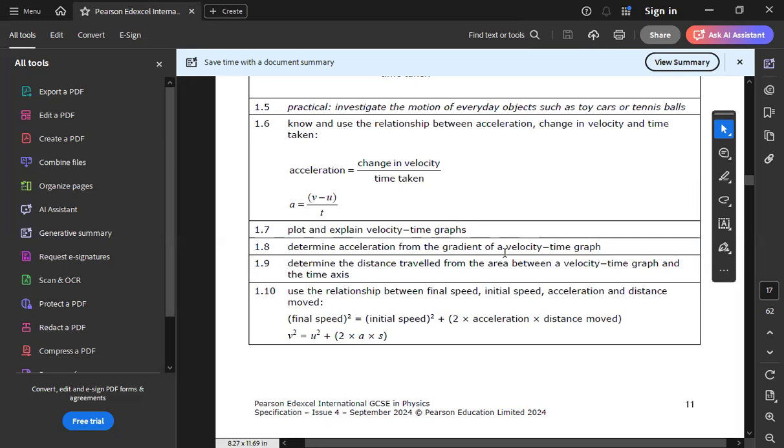Gradient of the velocity time graph gives you acceleration. Gradient of the distance time graph gives you speed. And the area under the velocity time graph gives you distance, right?